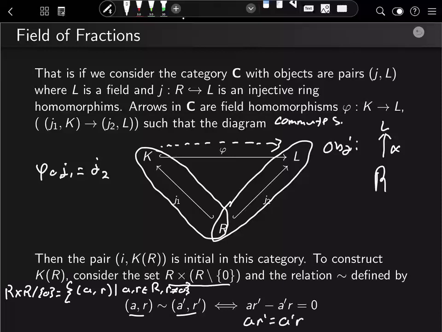And this may seem a strange way of defining an equivalence, but keep in mind that this is based off of the integers, taking integers and then constructing fractions, right?